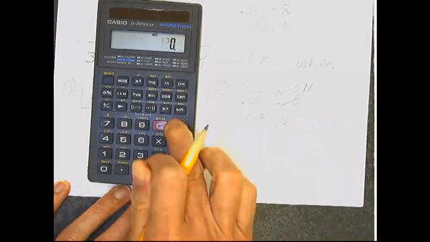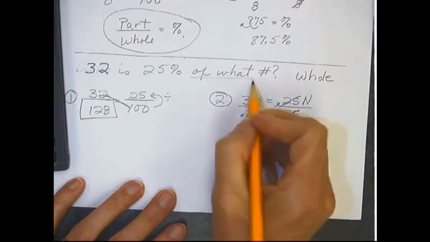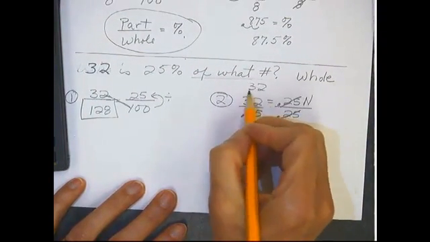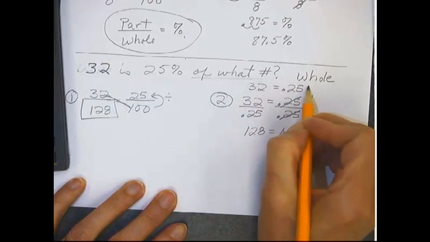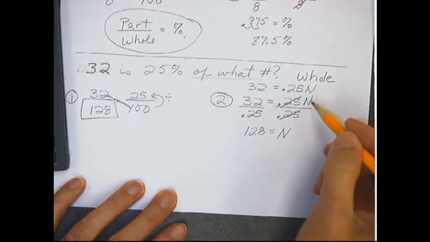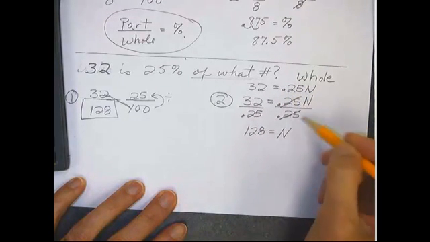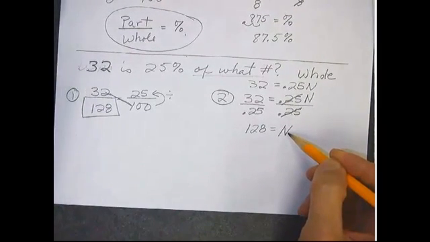And again, when I'm doing algebra, I need to bring everything straight down. In fact, I think I'm going to write the problem over again at the very beginning so that you can see that's what we started with, 32 is equal to 25 hundredths times n. And so you can see what the process was in getting to our answer.